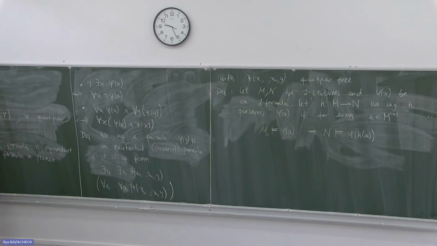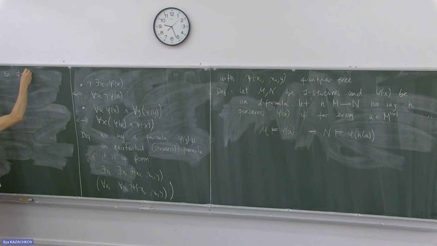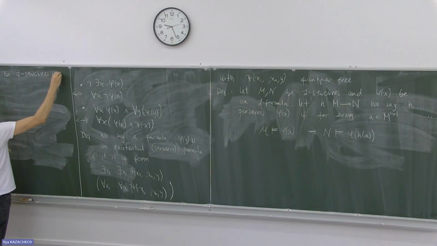This is the first lemma of today with proof. This one was something a little bit easy. So this is a lemma. Let M and N be L structures, and H a map between M and N as sets.